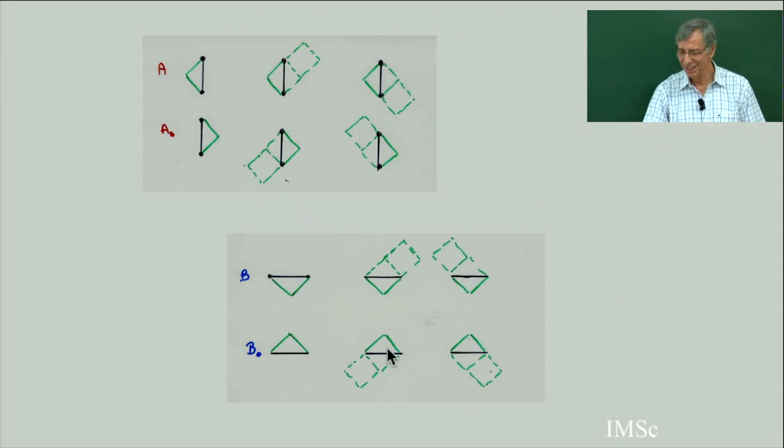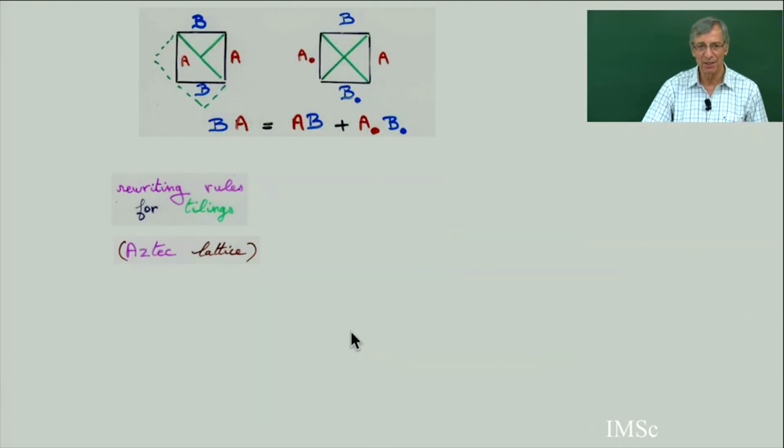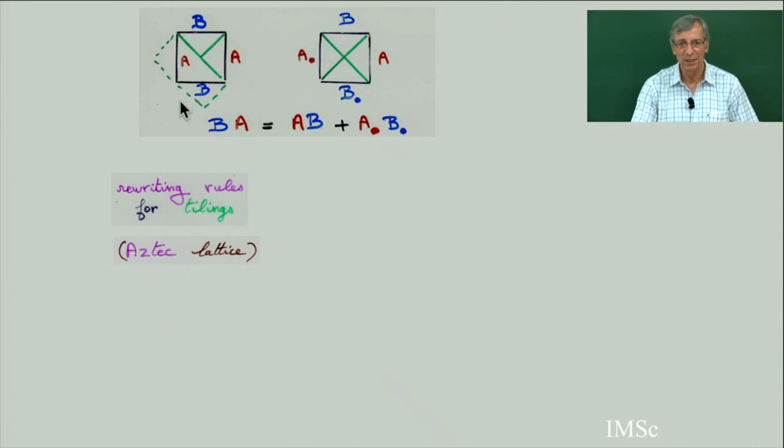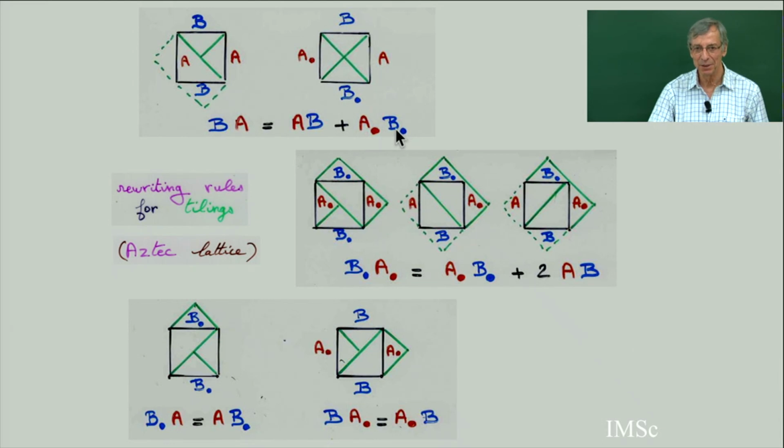And then I look again at the rewriting rule for the Aztec diagram. So I have to look at all possible cases. If you look carefully, see this. Remember the tiles are like this or like this. So this can be the junction of four possible tiles. If you look carefully, I hope there is no mistake now. So you see here you have the equation B. In this case, where I have a B and A, it gives you AB plus A dot B dot.